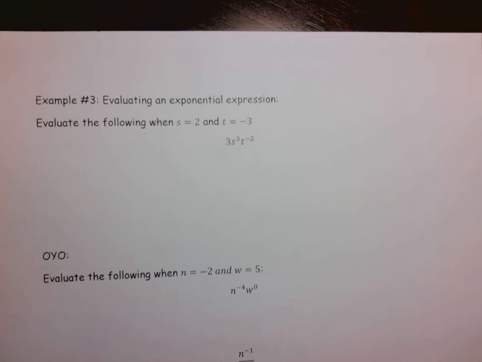You can plug in the values for the variables first and then start moving things around, or you can move the variables around first and then plug in the values. Either way is fine, and it does not matter to me which way you do it.